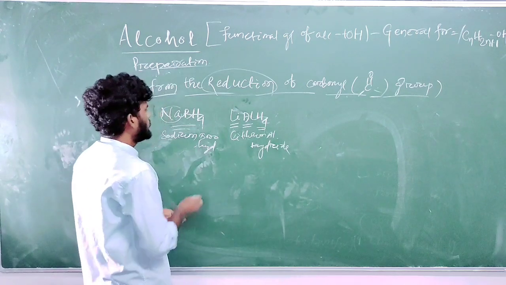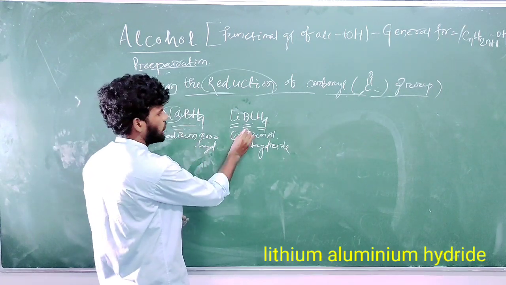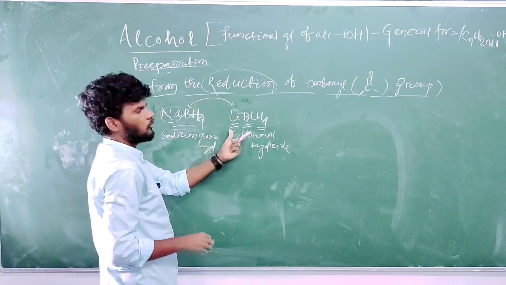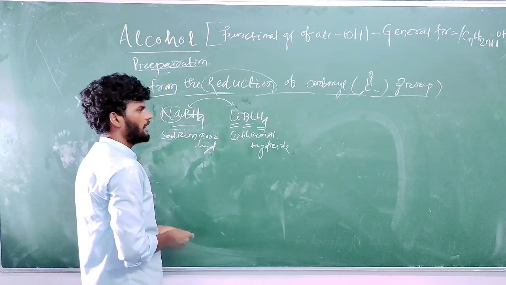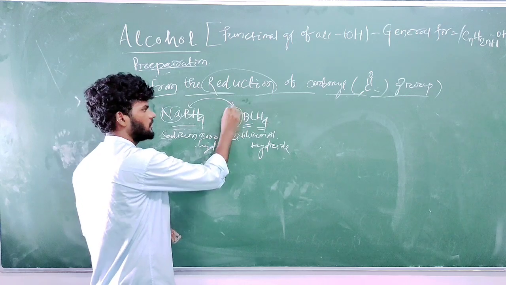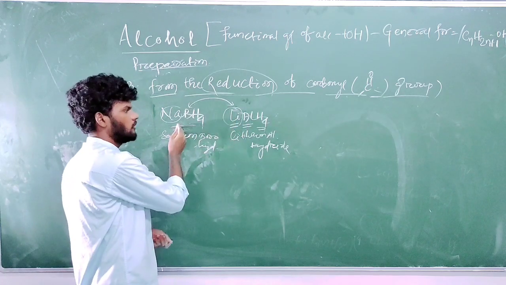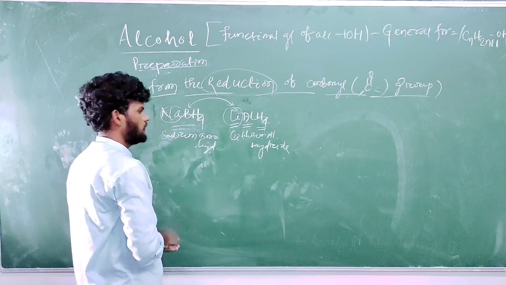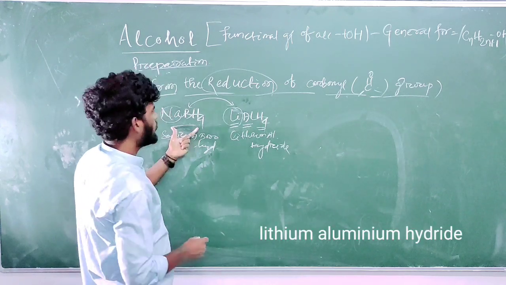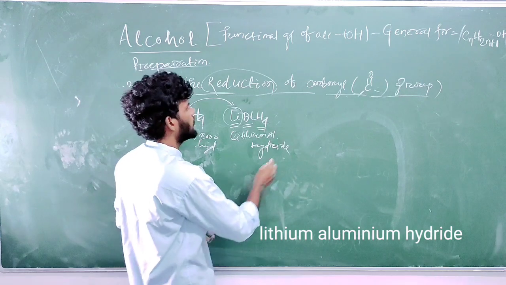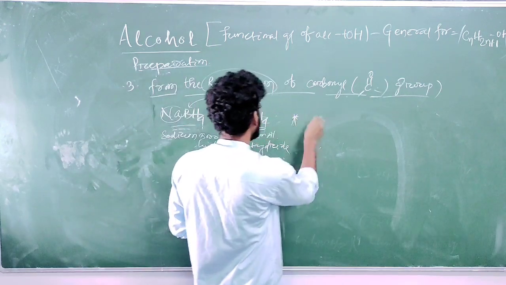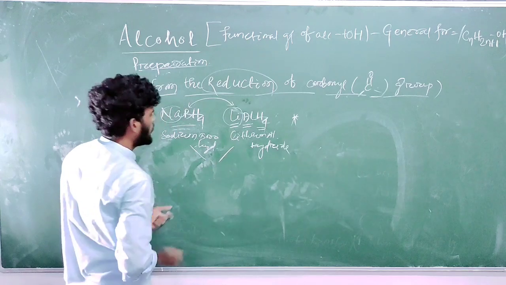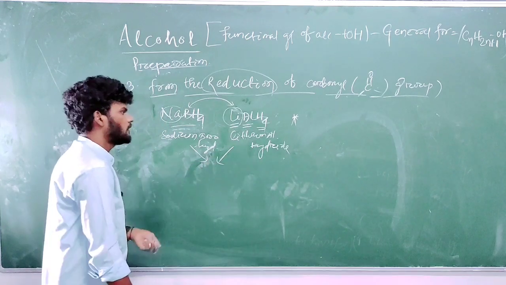If you compare the 2 reducing agents, lithium aluminum hydride is more reactive because the lithium ion is more reactive than the sodium ion, because of its electropositive character and small size. So you can take either one. What is the nucleophile here?